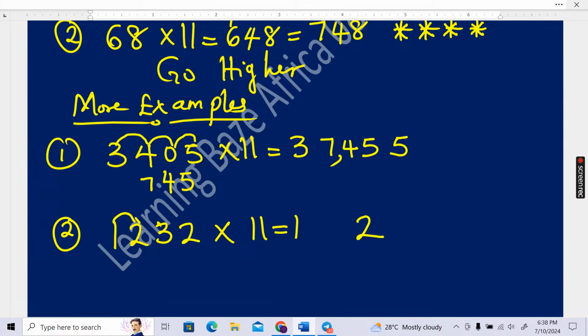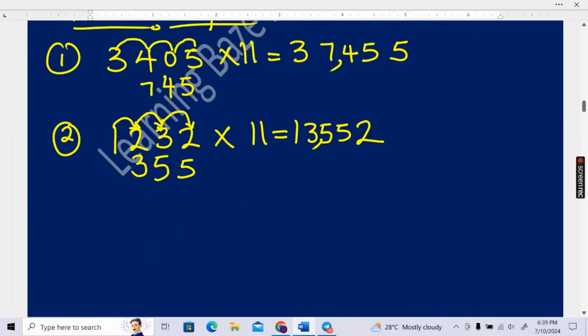So 1 plus 2, that's equal to 3. 2 plus 3, that's equal to 5. Then 3 plus 2 is equal to 5. So I'm going to write 355 at the middle of these two numbers. So my answer is equal to 13,552. 1,232 times 11 is equal to 13,552. So let's move to the next example.